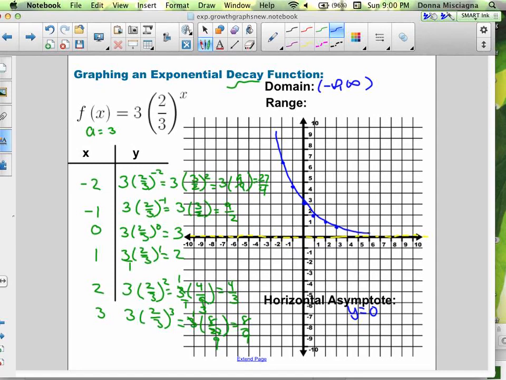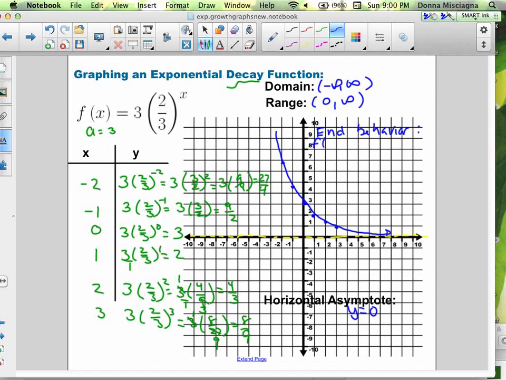So that rate of decrease at the end there is a little slower the larger your base is, and faster the smaller your base is. All right, our range is going to be 0 to infinity. We're above the x-axis. Let's write our end behavior real quick, because this is going to be good practice. And by the way, it's a lot easier to figure out end behavior if you have a graph.